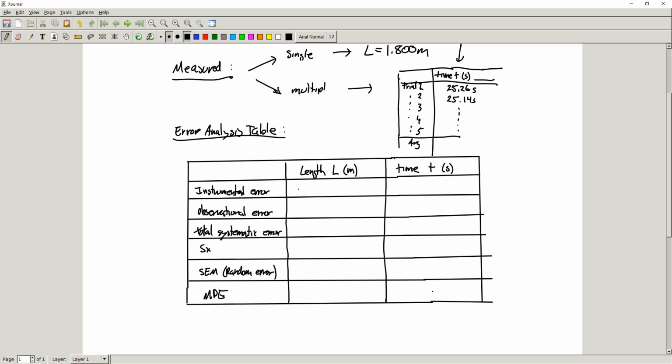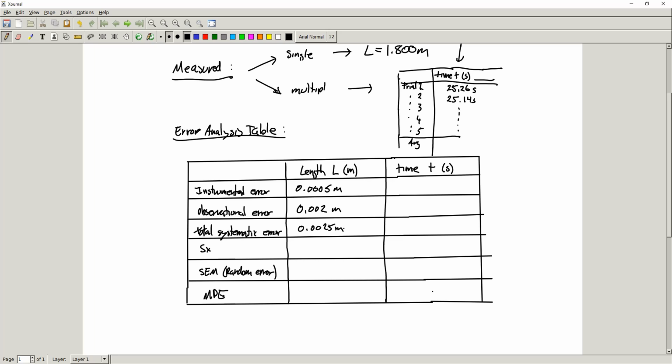So for example, we know that our instrumental error for a meter stick is going to be half a millimeter, right? Say we had some observational error, I don't know, 2 millimeters or something. Then we know that our total systematic error is just the total of these two values, right?